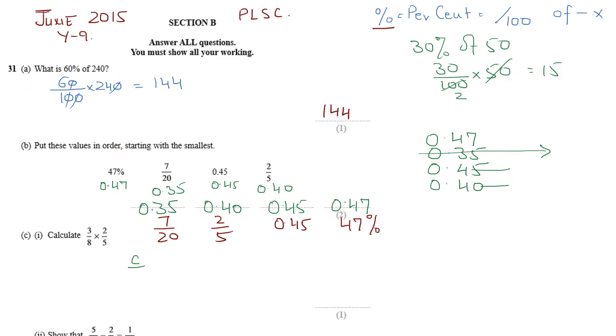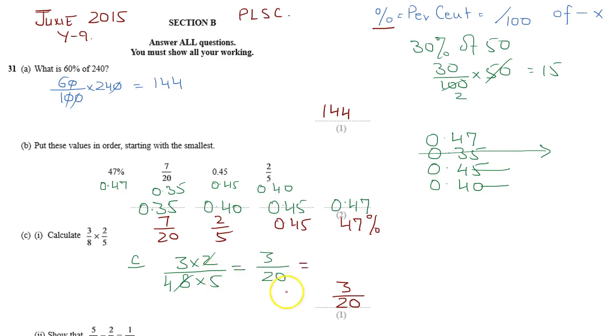So this question is 3 multiply 2 over 8 multiply 5. 2 and 5 have nothing common, 2 and 8: 2 times 4 is 8, so that is 3 over 20. So your answer will be 3 over 20.